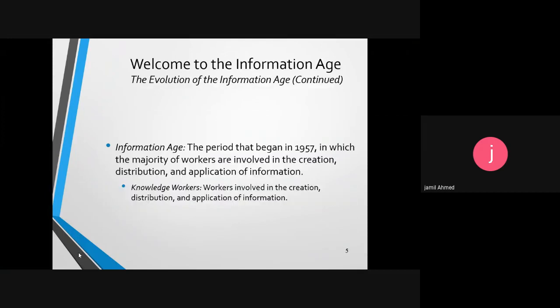So the information age is the period that began in 1957, in which the majority of workers are involved in the creation, distribution, and application of information. So we can say that in that period, information technology came into being, and it has played its vital role by offering a variety of applications to process information. So knowledge workers were required at that time.